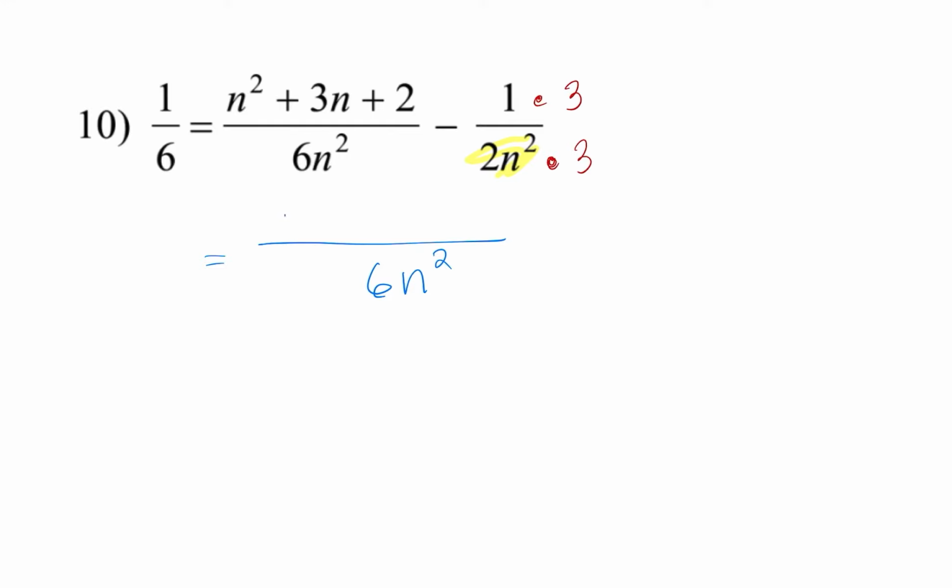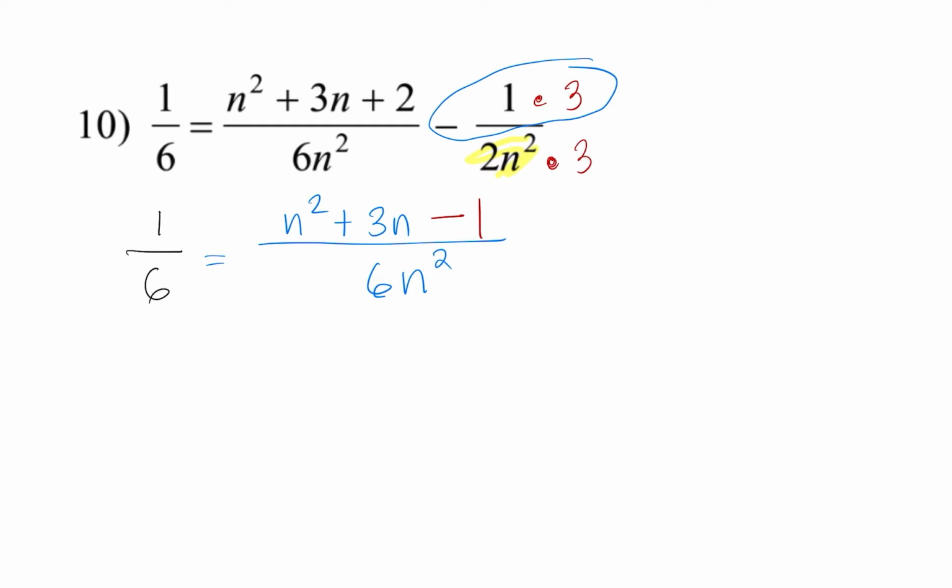All right, so n squared plus 3n. And notice that this whole thing will turn out to be a negative 3, so that would be minus 3. So 2 minus 3 would give us a negative 1. On the left-hand side of the equation, we're going to drop 1 over 6.